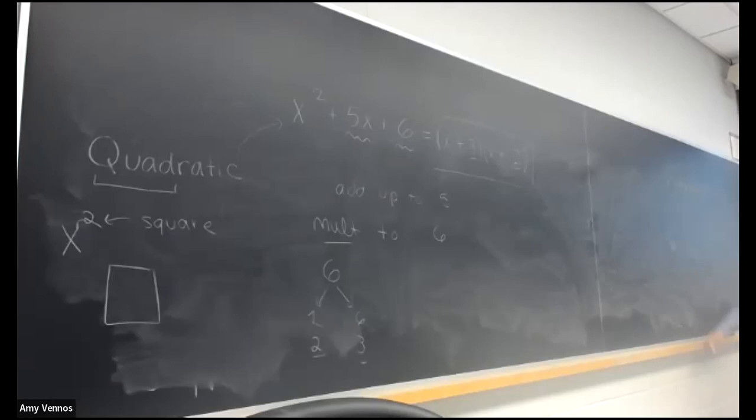We're looking for two numbers that add up to b and multiply to c, okay? And then your final answer is literally going to be x plus the first number, x plus the next number. Okay.